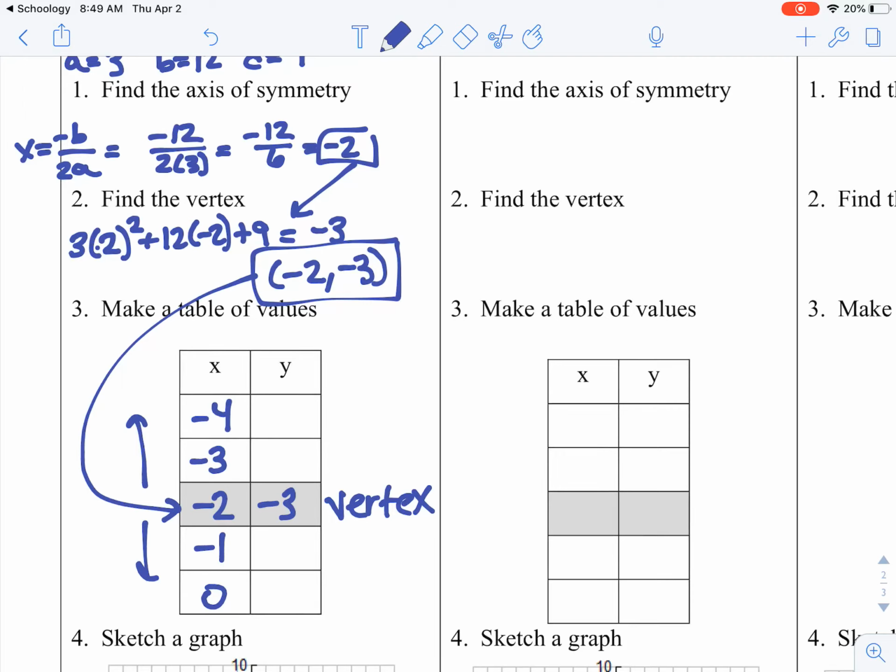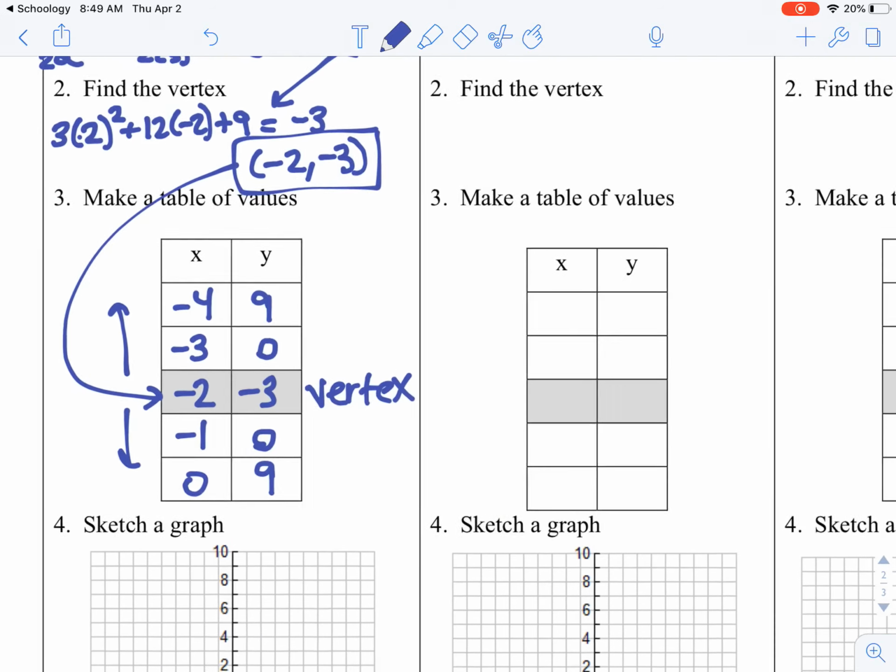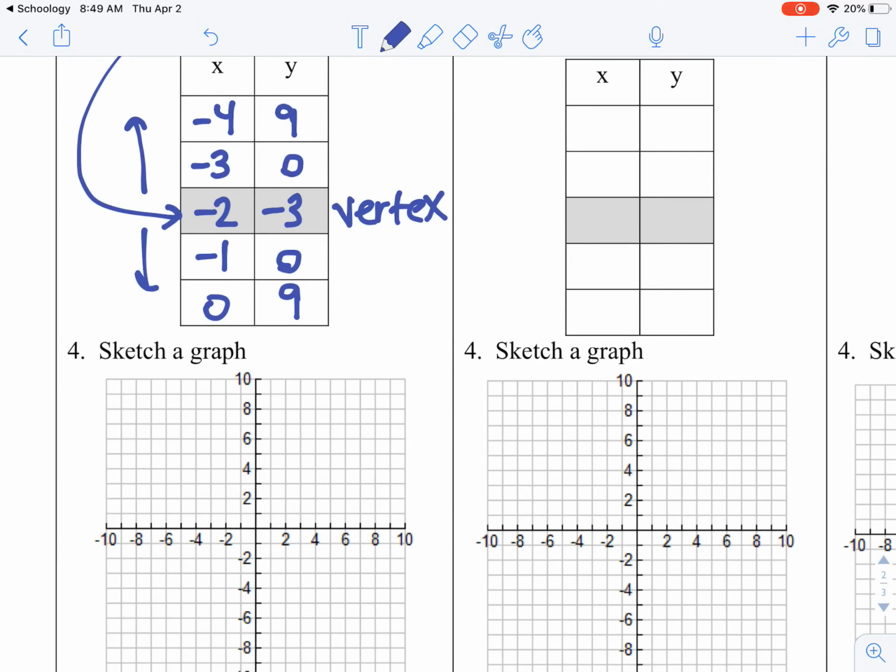So now we're going to plug our numbers into our calculator to get the points that we are going to graph. So now I can graph these points, negative 4, 9, 3, 0. And we have our graph.